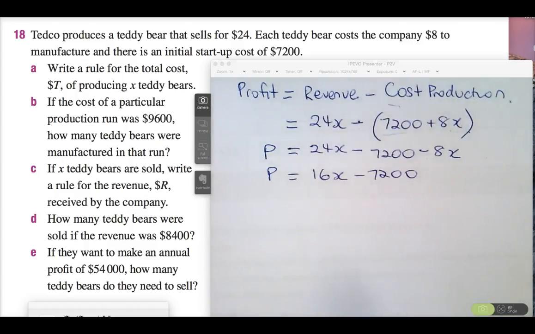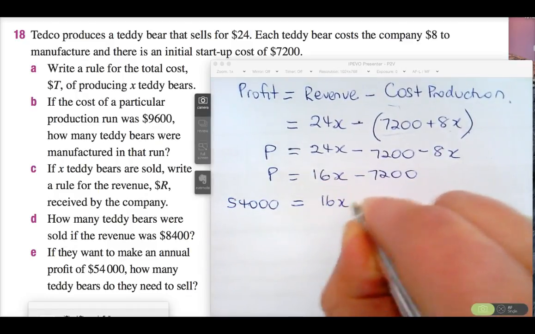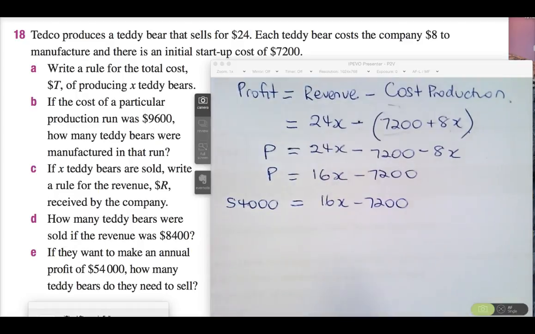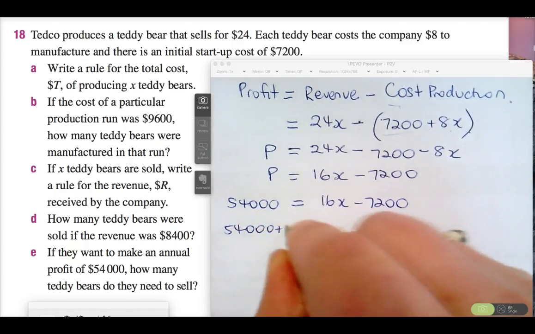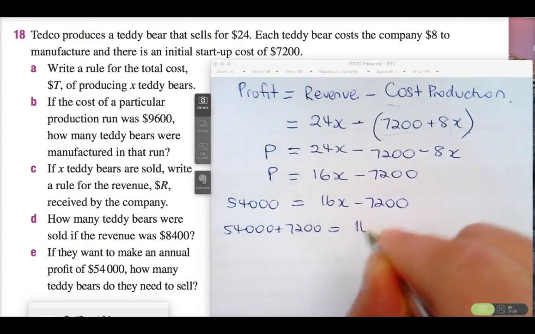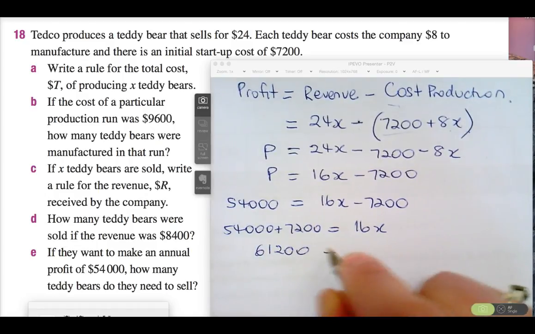If the profit is 54,000, then 54,000 equals 16x take away 7,200. What do I do now? I add 7,200. I get 61,200.